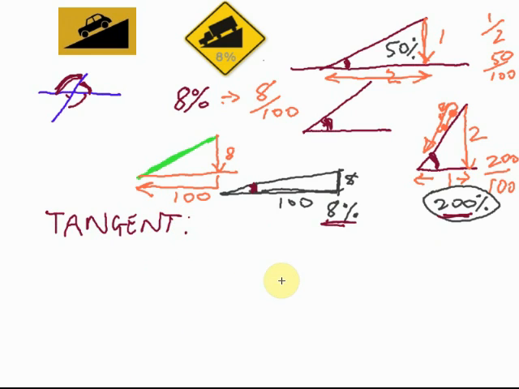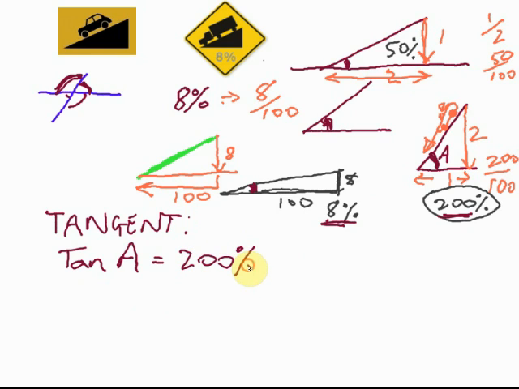And the tangent of an angle, let's call this angle A. Well, I'll do it with this one. Let's call this angle A. The tangent of the angle A, and let's shorten tangent because it's quite a long word to write, isn't it? So we'll say tan angle A is equal to, in this case, 200%.